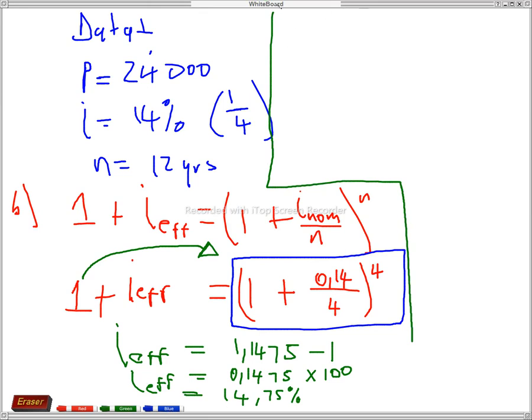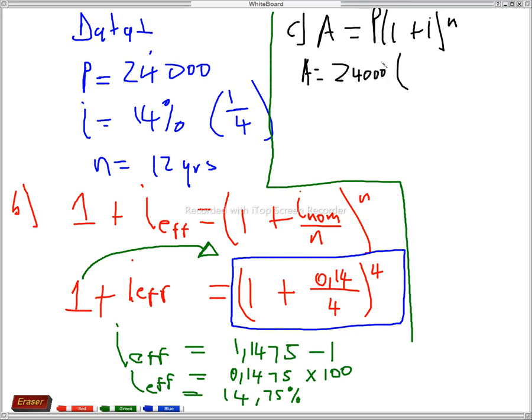Let me use a black marker. So for number C, I copy my formula, my equation. We have P there as the invested amount, 24,000, and 1 plus the interest.